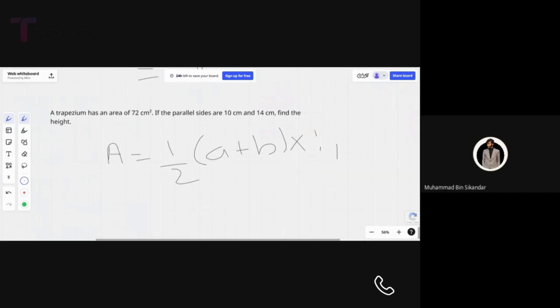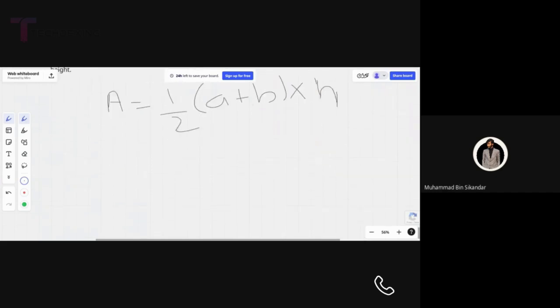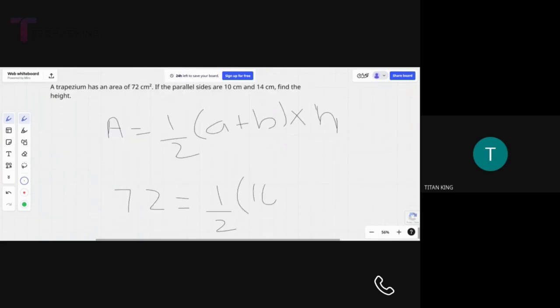Just put in the values over here. 72 equals 1 by 2 times... what is the area? Yes, 72. 72 divided by, then we'll get, sir, the answer would be 12 after we divide it and multiply it.